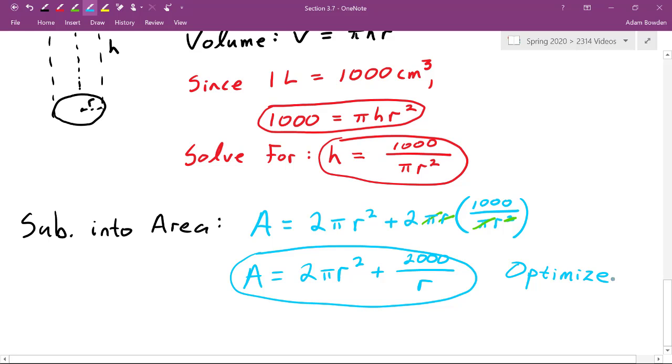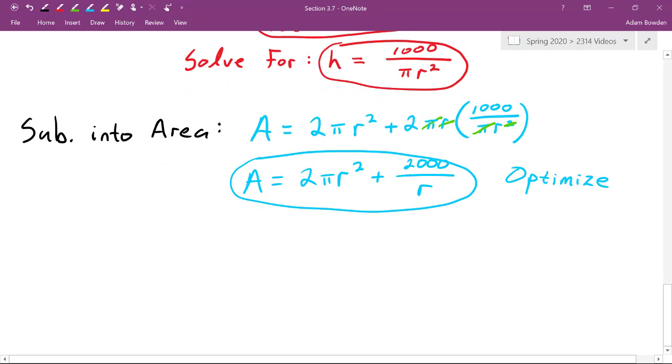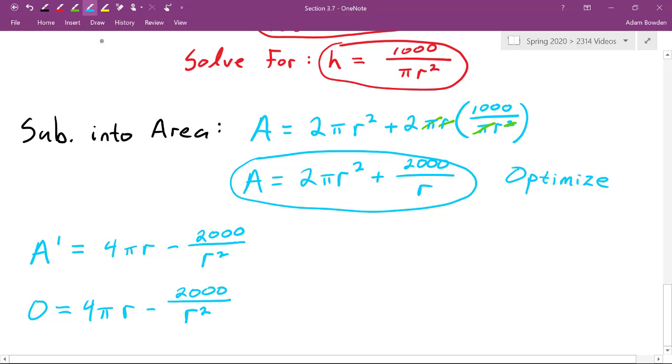We're going to optimize this by using our derivative and figuring out all that information. So here's how we're going to do this. We need to find the first derivative, A prime. If we take the first derivative, we'll have 4 pi r minus 2,000 over r squared. We have to set that equal to 0 and solve for r.